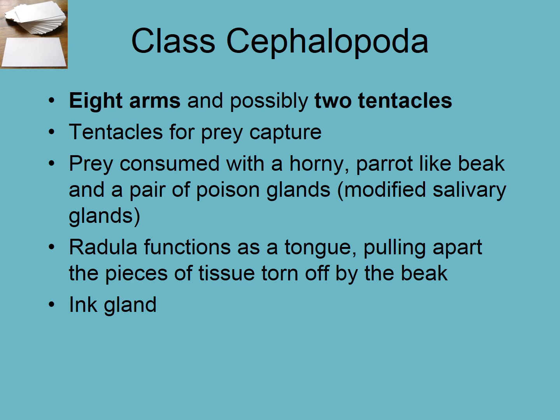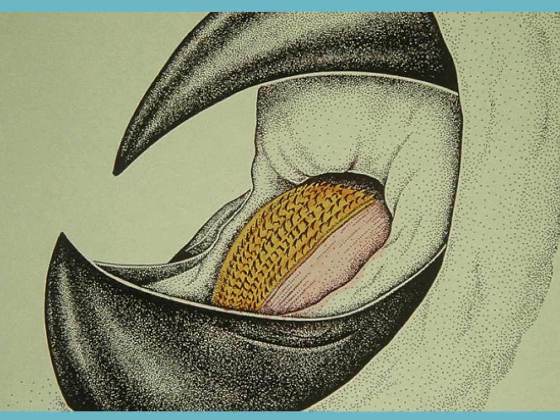They've got a beak, and they essentially bite off big chunks of their prey, and then they have a radula, just like we saw in the other mollusks. And here's a nice picture of that mollusk radula. So they bite off a chunk and then rasp it into more digestible portions.